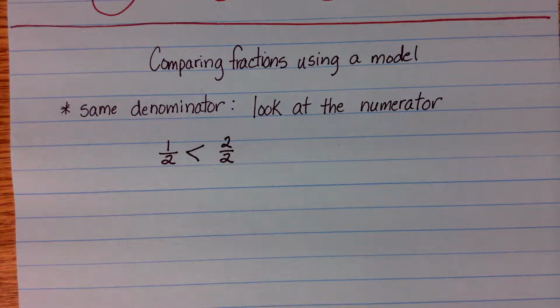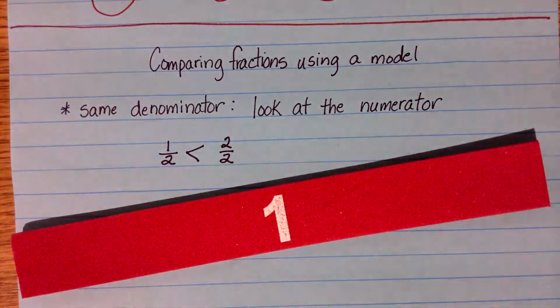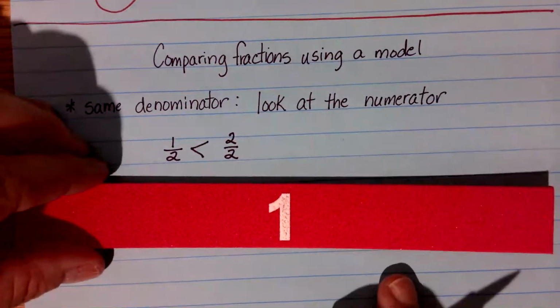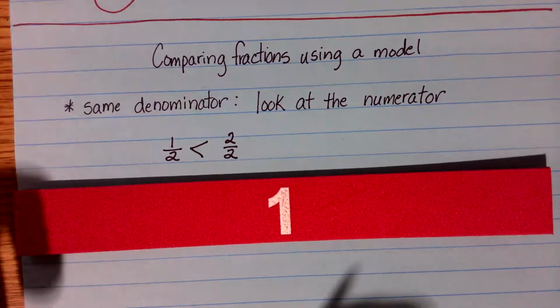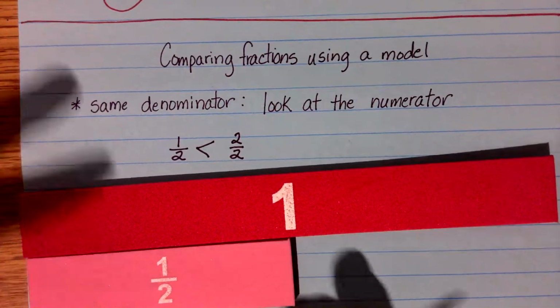When we look at this from the perspective of a model, 2/2 is the same as 1. This is a half.